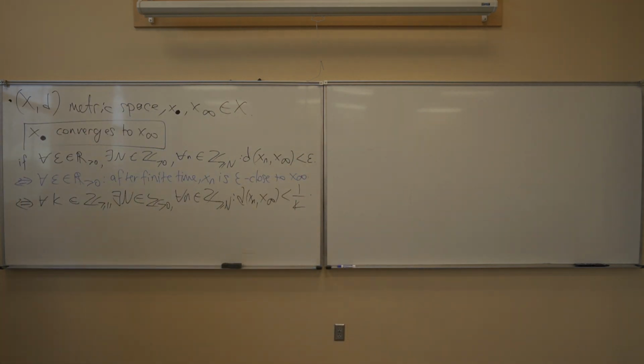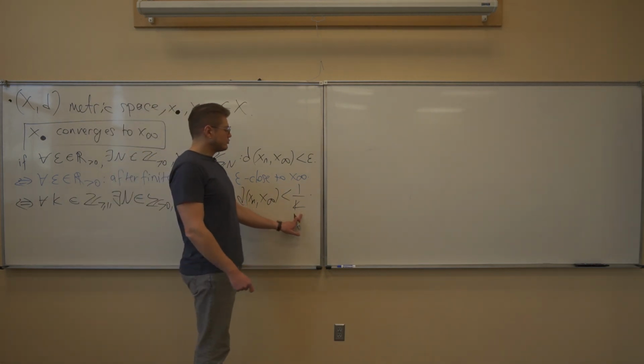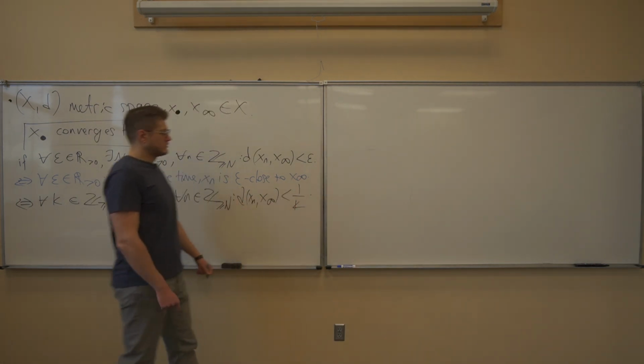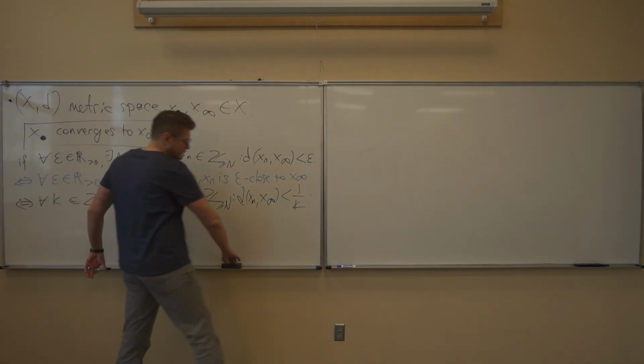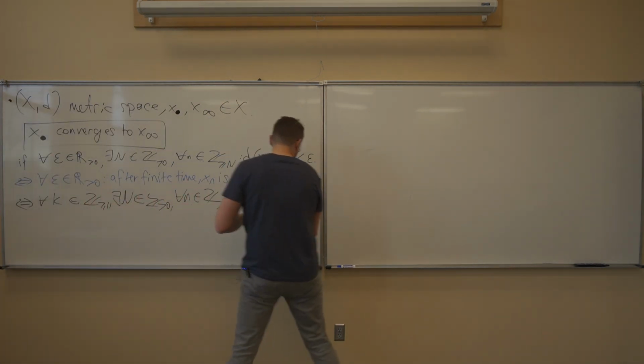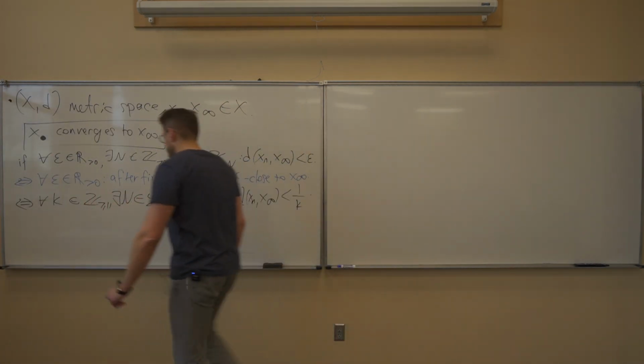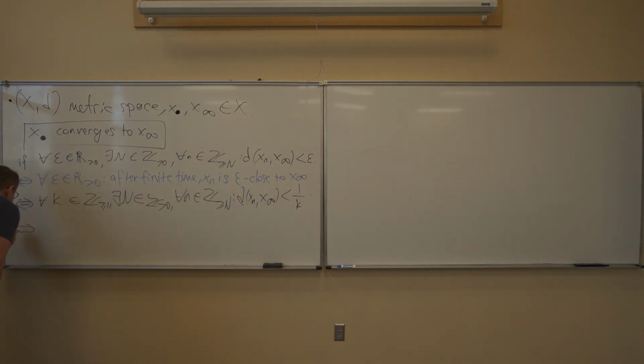Or instead of looking at 1 over k, you can look at 1 over 2 to the k. You're going to see later on why that's important, but I'm just letting you know now. So this is the same thing as this, and then this.